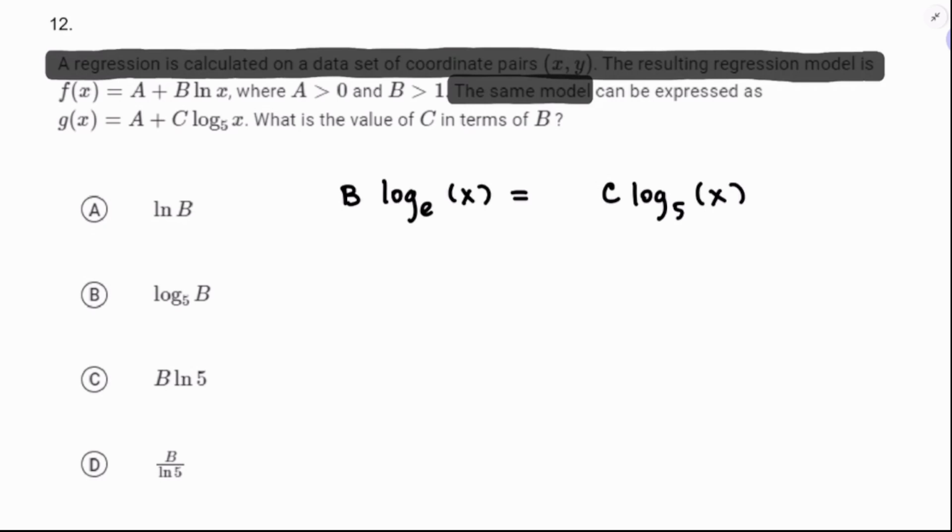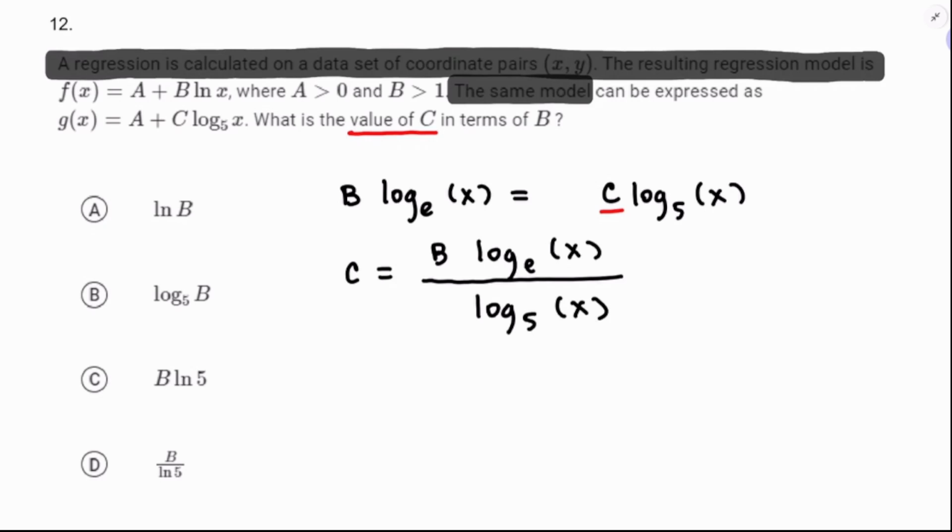What I'm going to do is solve for c in terms of b. So I need to solve for c. What's the value of c? So I need to get that on its own. So I'm going to divide both sides by log base 5 of x. c is going to equal b times log base e of x divided by log base 5 of x.